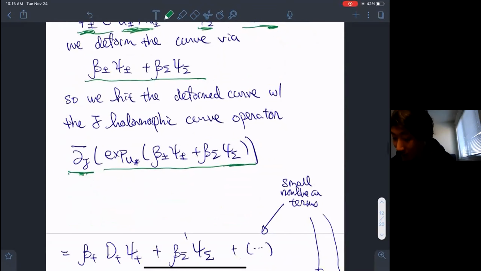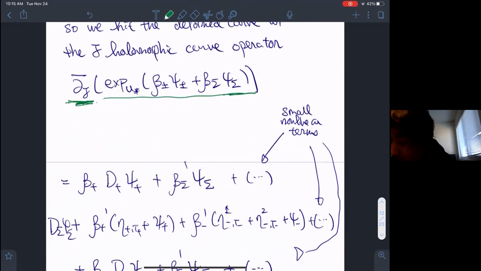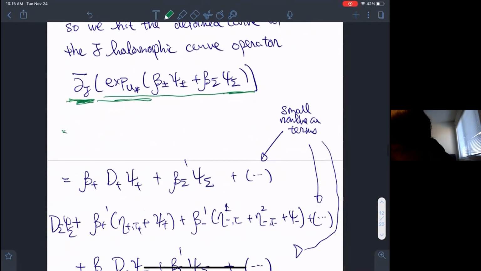And so, of course, this is the J-holomorphic curve equation if you view them as submanifolds, but there's a version that works more or less the same way. And then you do this, and what you get to first order is the linearized D bar operator applied to this section.